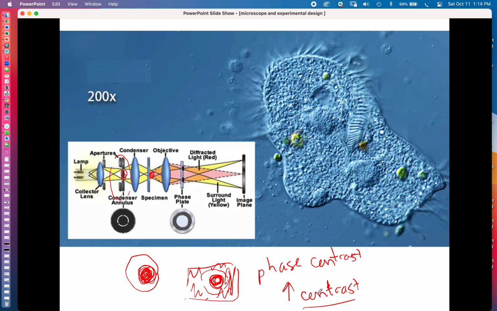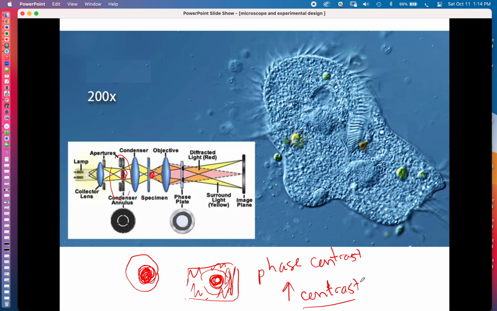And then the molecules in the cells have a refractive index that's pretty similar to water. So it just doesn't bend the light or reflect the light much. And so what does it here is if the light just gets bent a little bit, it won't make it up to our eyes. And if it doesn't make it up to our eyes, then that's going to look darker. And so that's how we increase contrast.